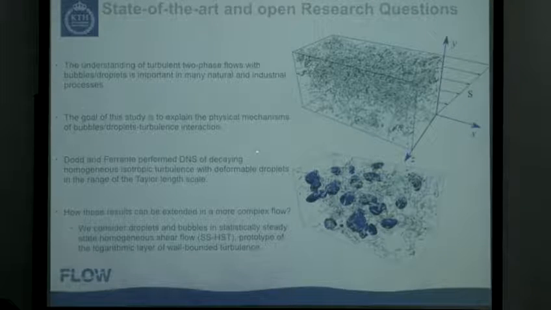We study the interaction between droplets and turbulence, and so far this has been done in simulation only for decaying homogeneous isotropic turbulence. But since it decays, it's a really short time, so we don't get to some kind of steady state.